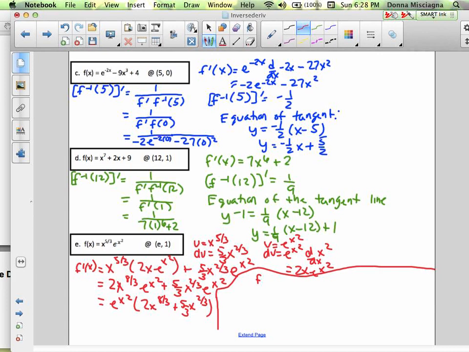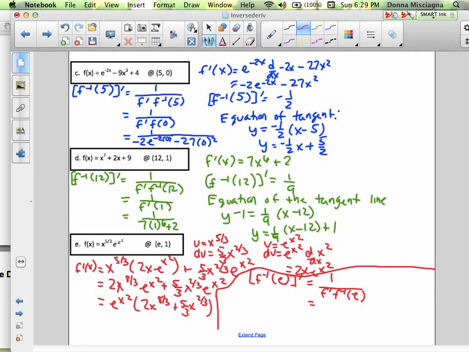Now let's find the derivative of the inverse, and we're evaluating that at e. That's going to be 1 over the derivative evaluated at the inverse. Plug in e into the inverse, you get 1.